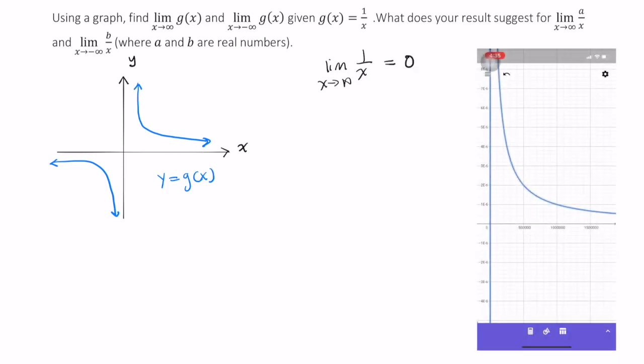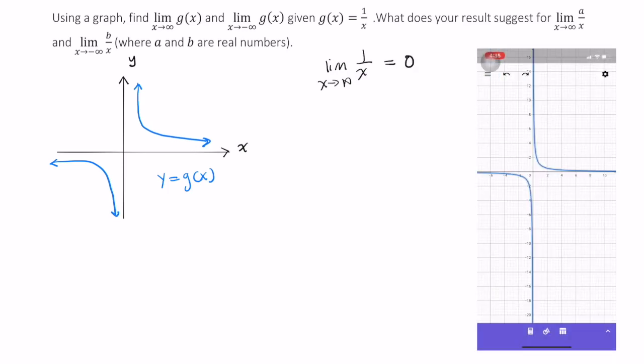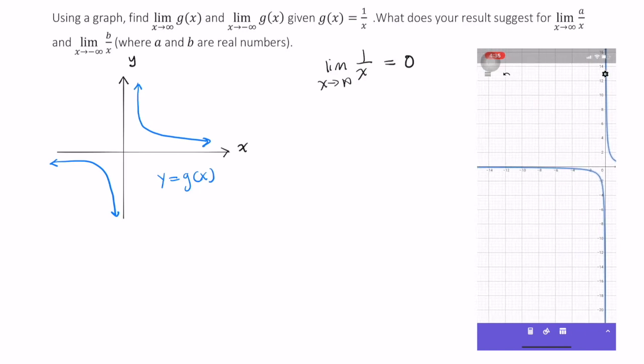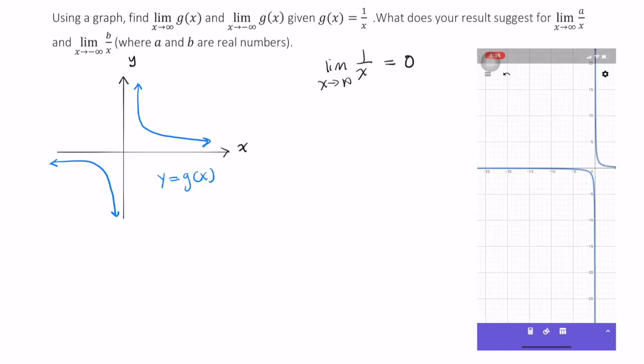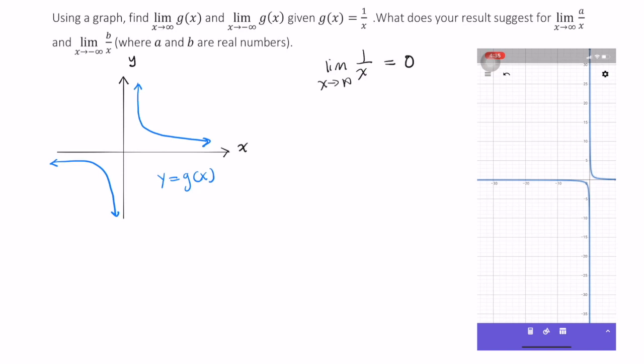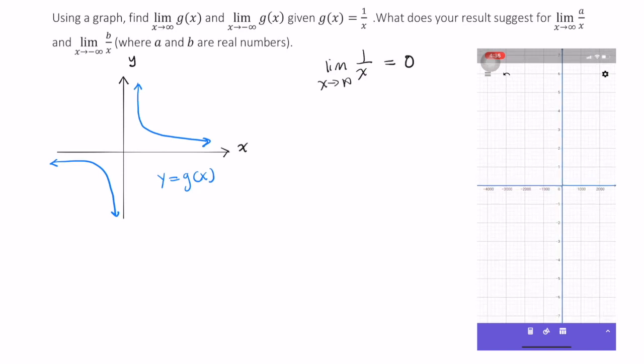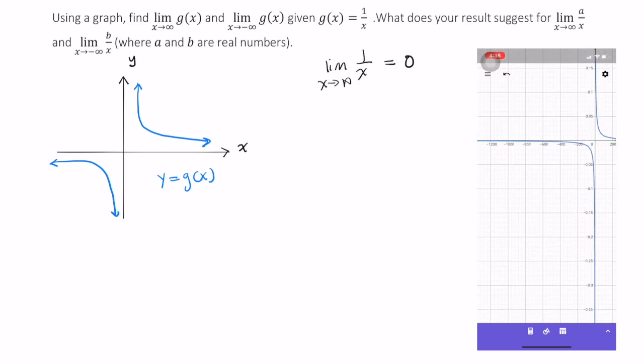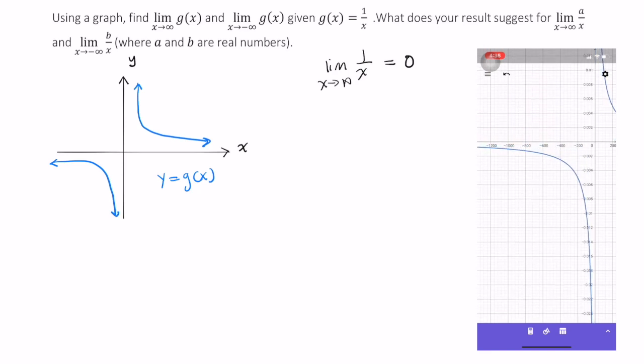Now let's do the same thing for negative infinity. Here's just a standard graph of g of x, not zoomed in at all. And now I'm going to move along the negative x-axis. So I want to make my numbers along the x-axis more and more negative. And then along the y-axis, I'm going to zoom out to get closer and closer to 0.